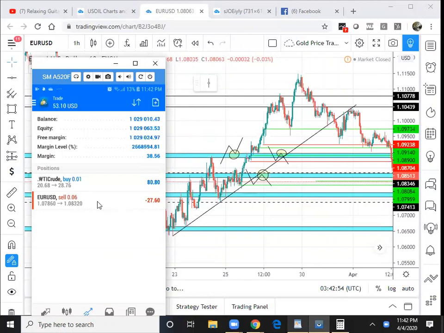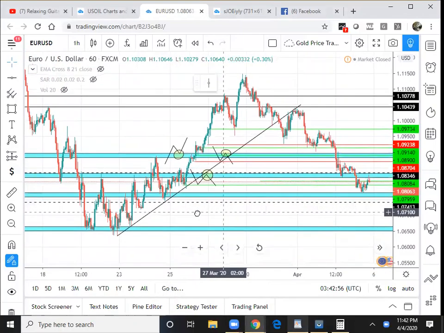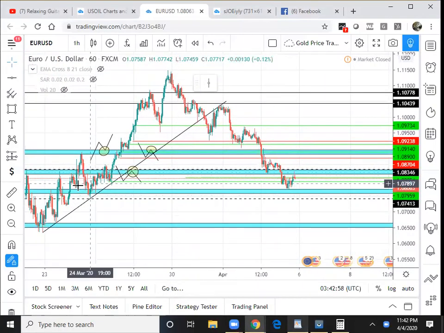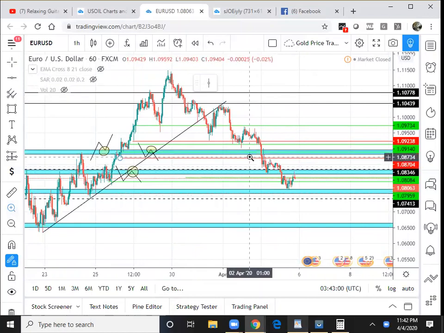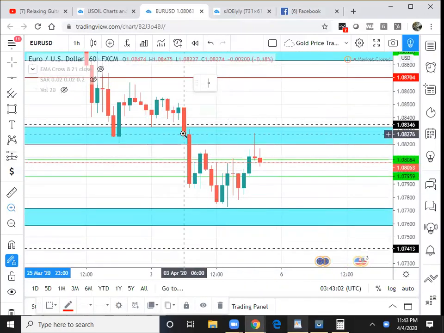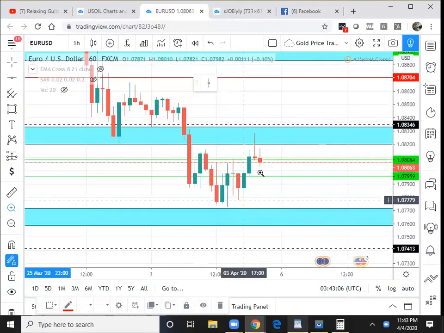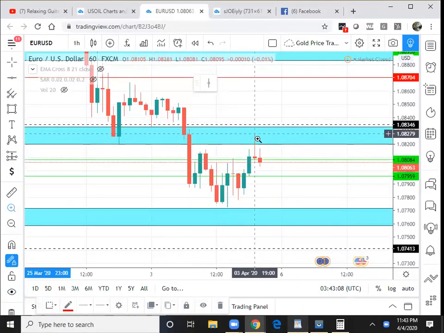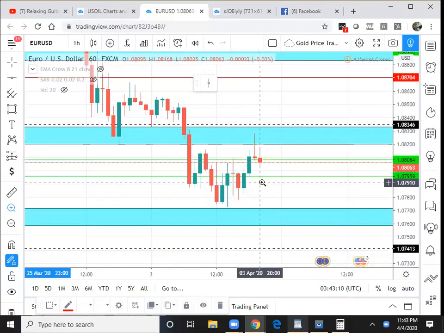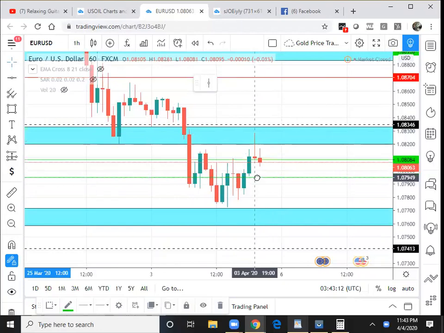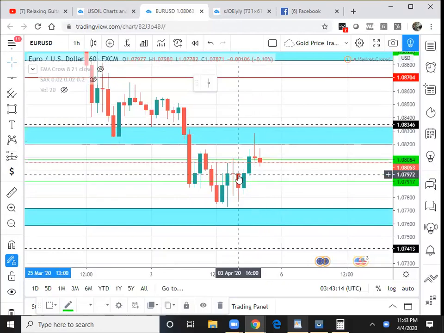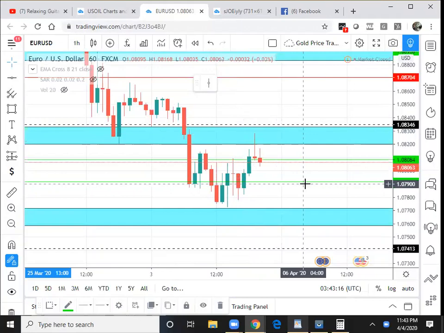Where I expect the Euro USD to sell. That was here. The current price is at this point, it broke, retested, it dropped, came back up. I expected it to drop again, at least to the half of this candle here, right?